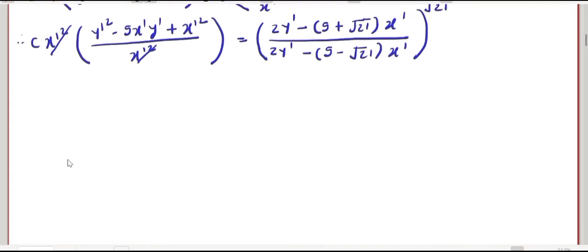Now we have to put the value of y dash and x dash in terms of y and x, because our original given differential equation is in x and y, so the solution must be in x and y.